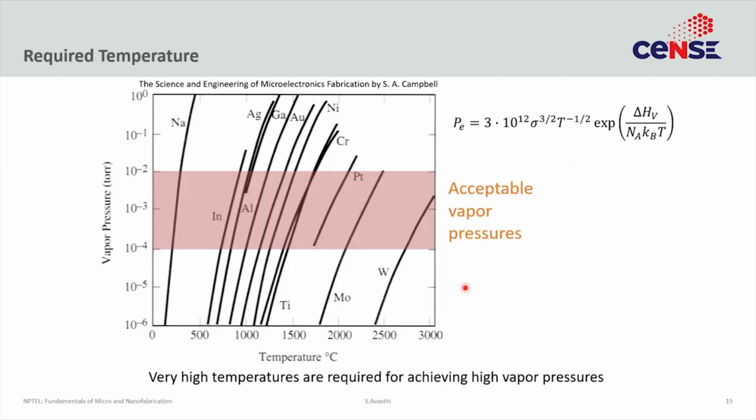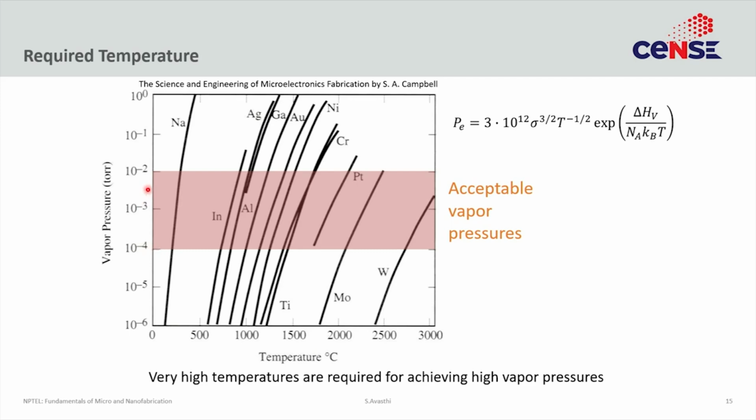So here is an example of what the vapor pressure of various metals is at different temperatures. And you see, within a very small change in temperature, you can actually go from -6 vapor pressure to -2 vapor pressure. Now, because we are doing the deposition in high vacuum and you want the arrival ratios to be at least 100, we want the vapor pressure of the material we want to deposit to be at least -4.